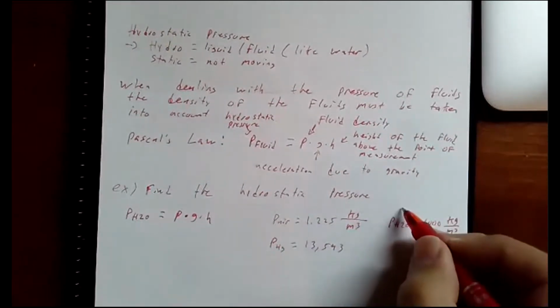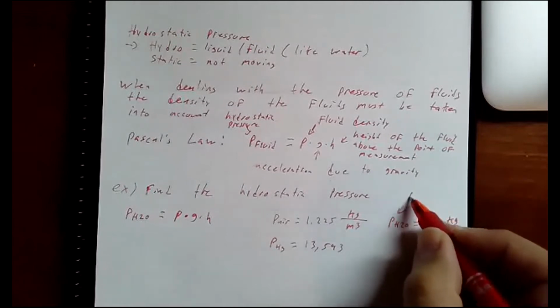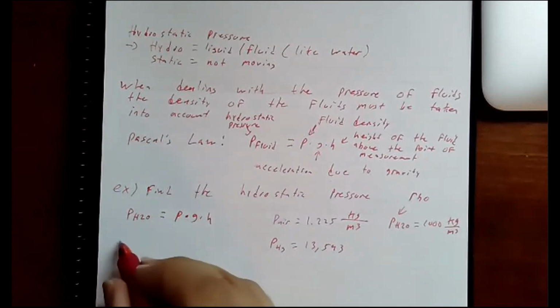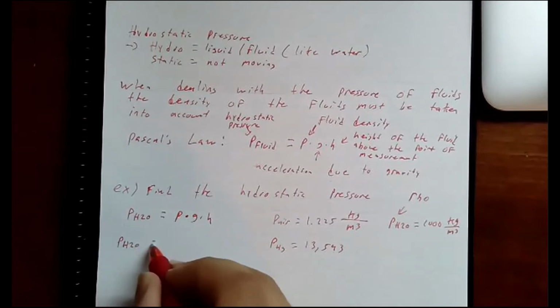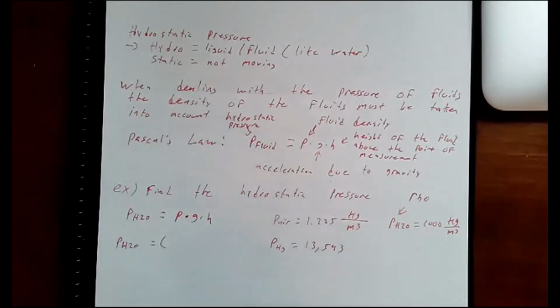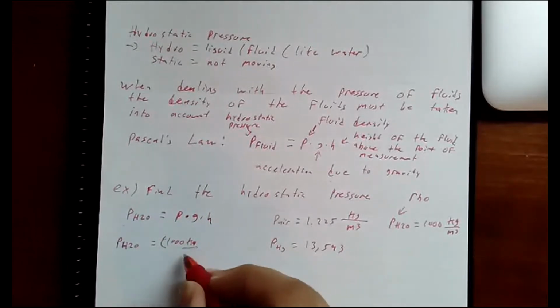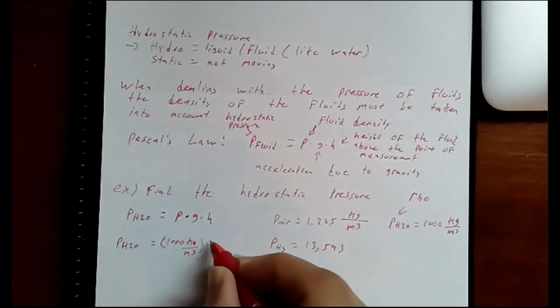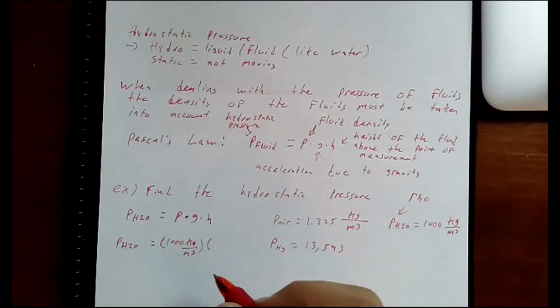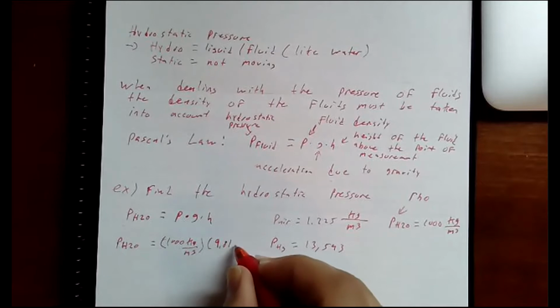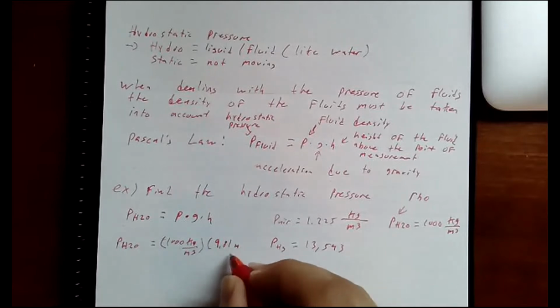So this guy's a P, this one is not. So we have to plug in 1,000 kilograms per meter cubed times gravity, which would be 9.8-ish meters per second squared.